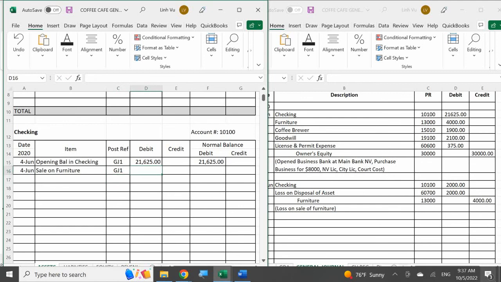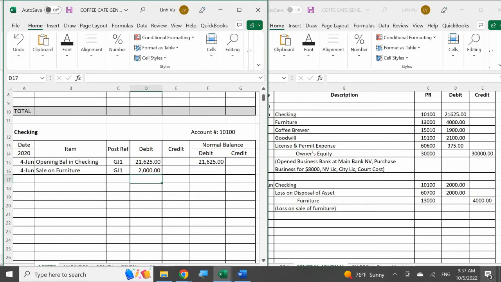How much did I put in my journal for? How much did I debit my checking account for? $2,000.